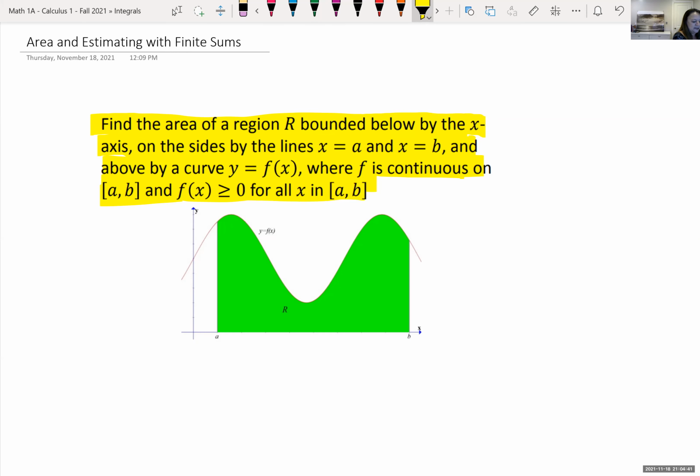Like I stated, right now it has to be above the x-axis. We'll look at cases where it falls below the x-axis later on, when we get to it. So what we're going to do is subdivide this into n equal triangles, not triangles, rectangles.